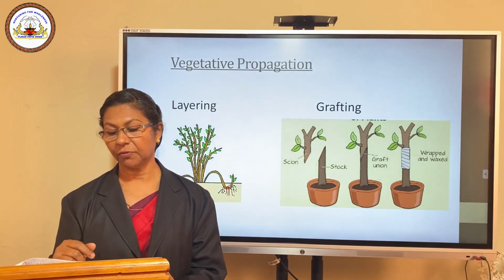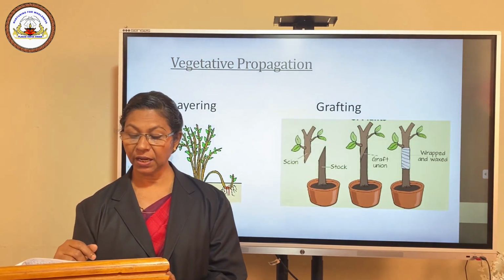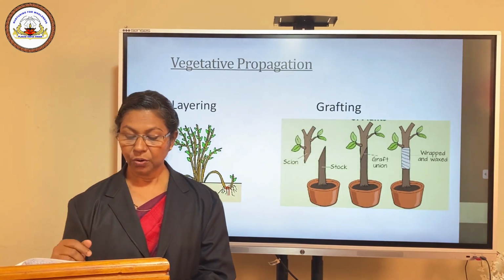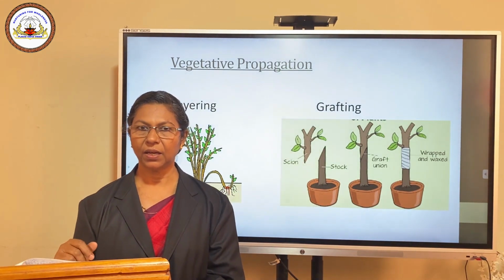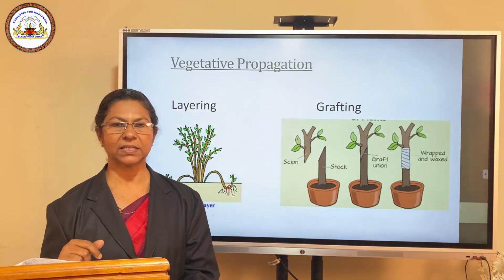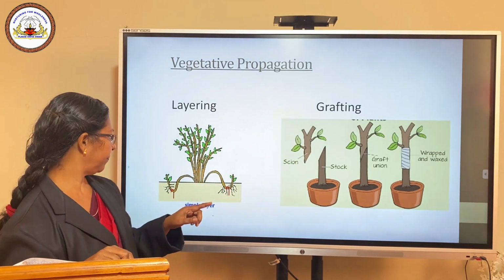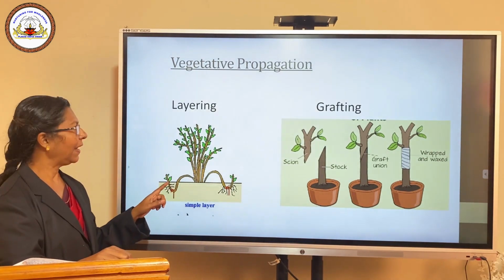This property of vegetative propagation is used in methods like layering and grafting to grow many plants like sugarcane, rose, grapes, etc. So here we can see what is layering and grafting. This is the diagram for layering.